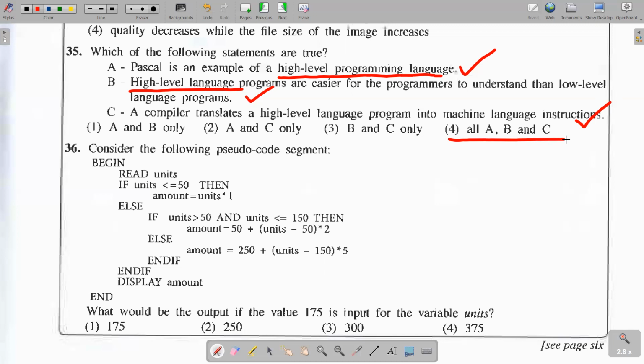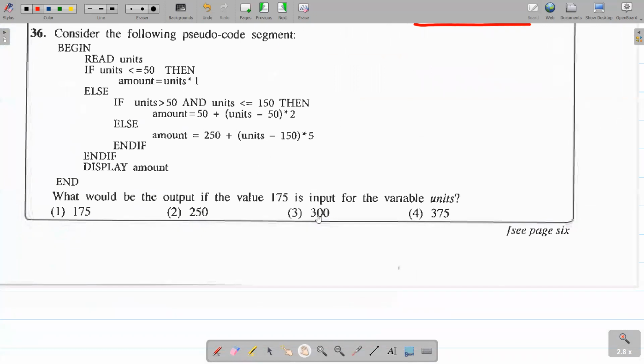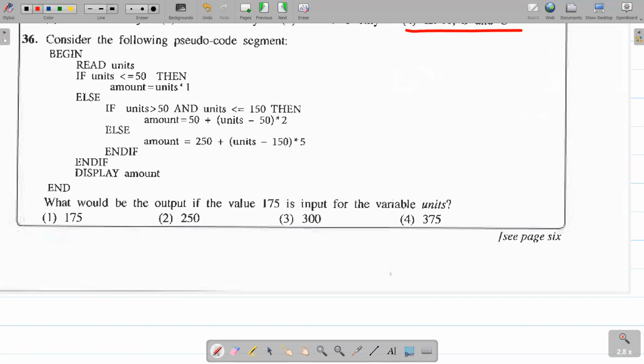36th. Consider the following pseudocode segment. It is asking what would be the output if the value 175 is input for the variable units. So now it begins, and for the units it's going to take 175, right?